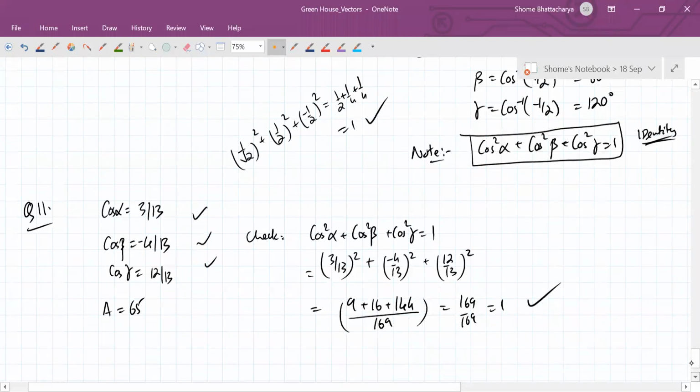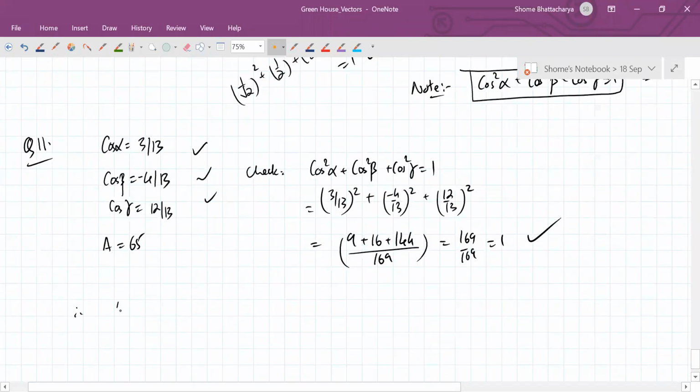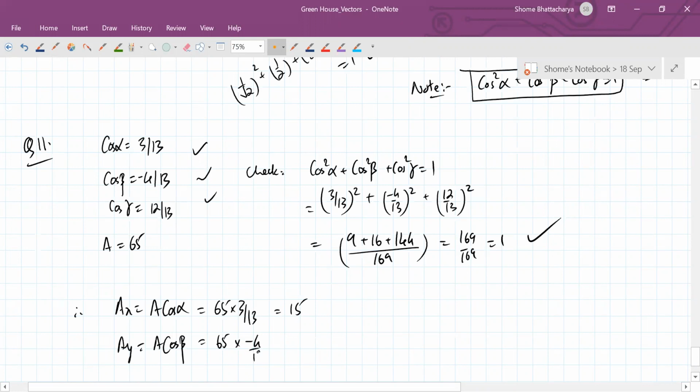Okay, so naturally Ax will become A cos alpha. So 65 into 3 by 13, that will become 15. Ay will become A cos beta. So 65 into minus 4 by 13, that will become minus 20.